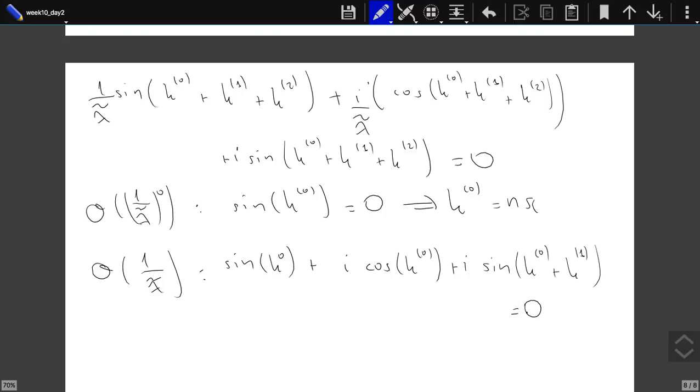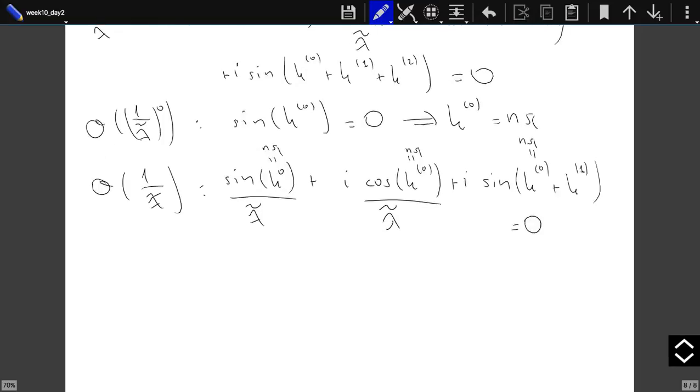Now, of course, just keep in mind that in all these terms, I should only keep the coefficient of 1 over lambda tilde. Let me write these lambda tildes explicitly here. Now, k0 is n pi. Cosine n pi is just minus 1 to the power n. Sine n pi is 0.